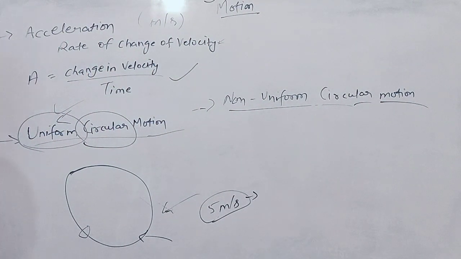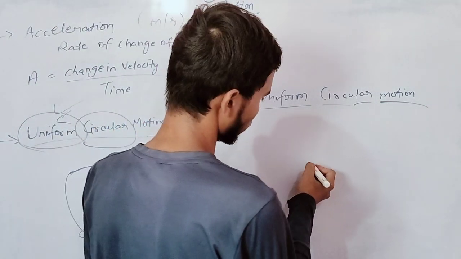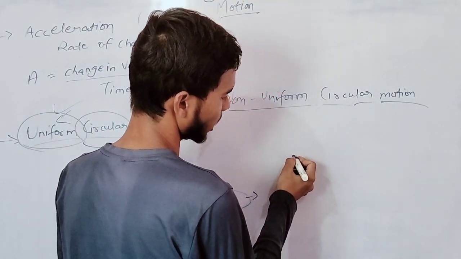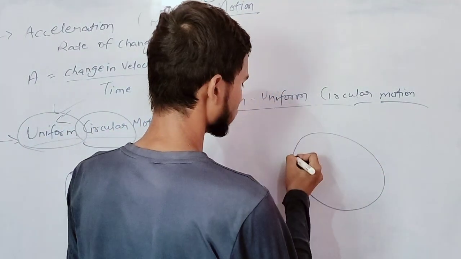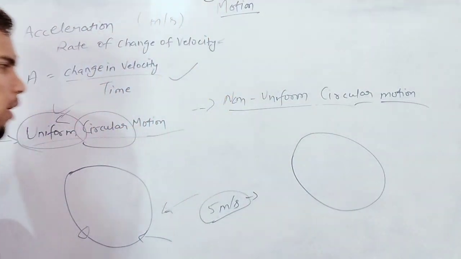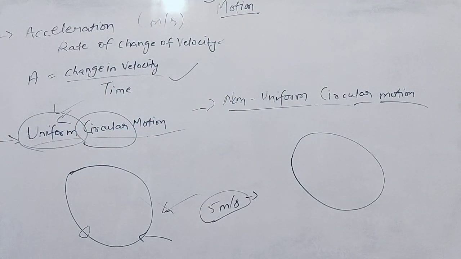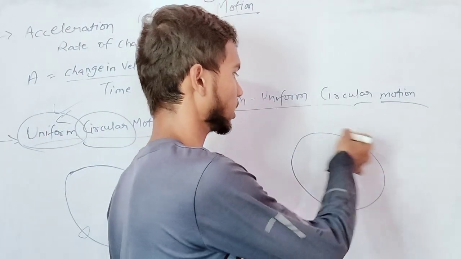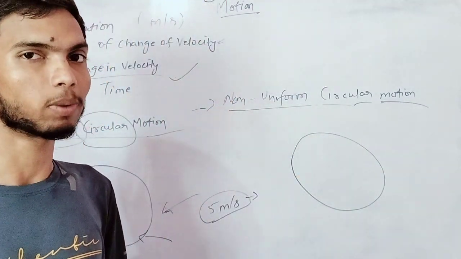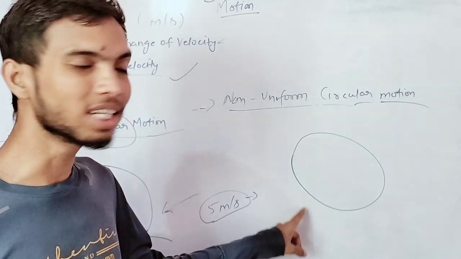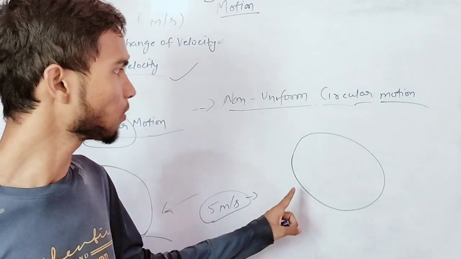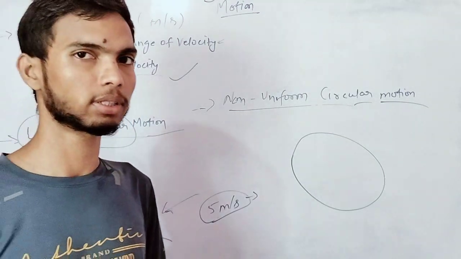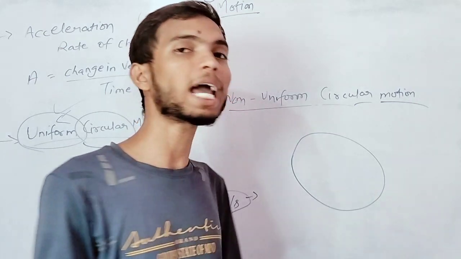It explains that you can take an object, an object that is moving in a circular shape. We agree that an object is moving in a circular shape like that. But the speed of this motion can be increased, the speed of this motion can be decreased.